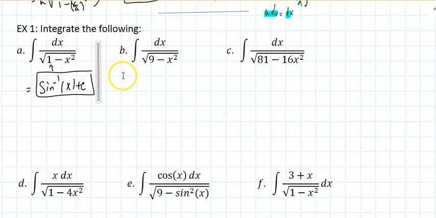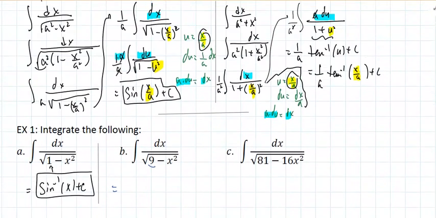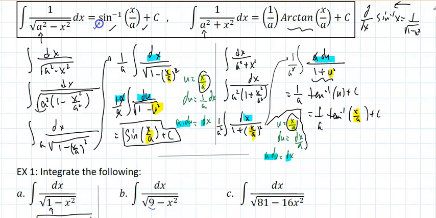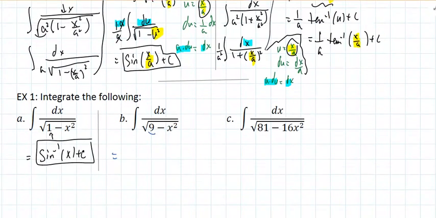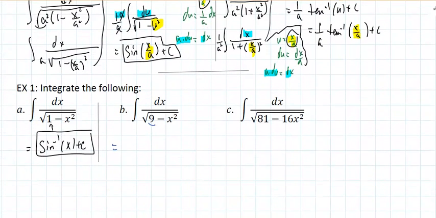On the next problem, I notice that's not a 1, but from what I've just learned, what do you square to get 9? That would be 3. So this is going to be the inverse sine of x over 3 plus c. No need to derive anything. You could always use that.